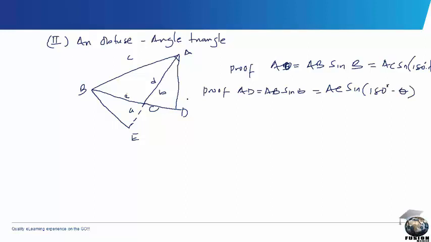Okay, and so we have that AD is equal to C. Is that so? AD is equal to C. AD, that's the AD we have. Is it C or B? No, AD is equal to B. Sorry, let me check that.